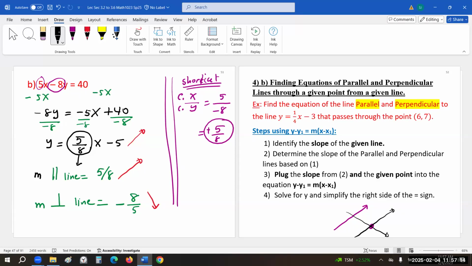This is the same as what we did in scenario 2. Remember, in scenario 2, we had a slope and a point, and we found the equation of the line. We are going to do the exact same thing here. The only difference is that the slope will sometimes be given to us directly, and sometimes you have to find it.